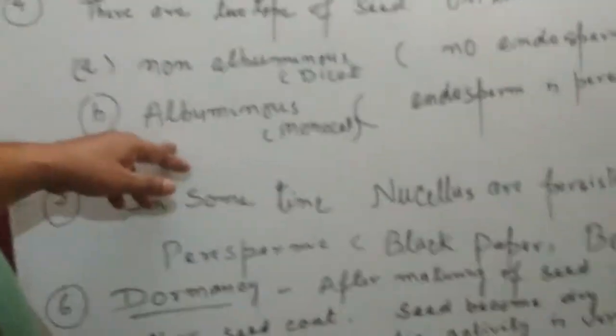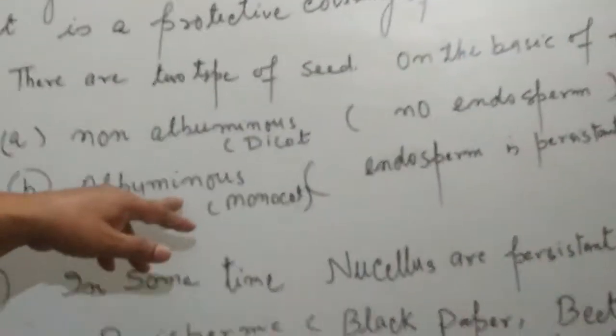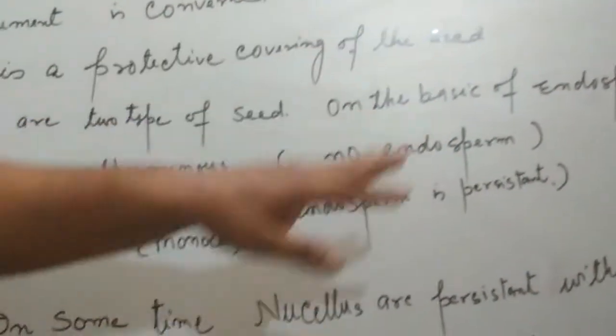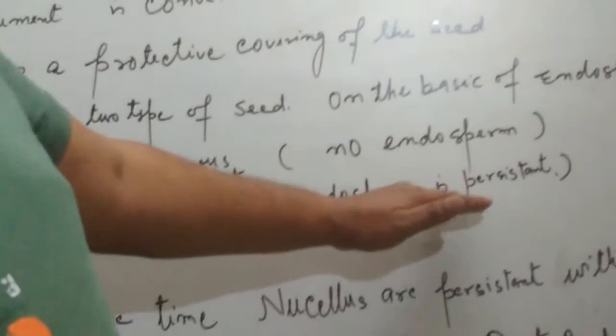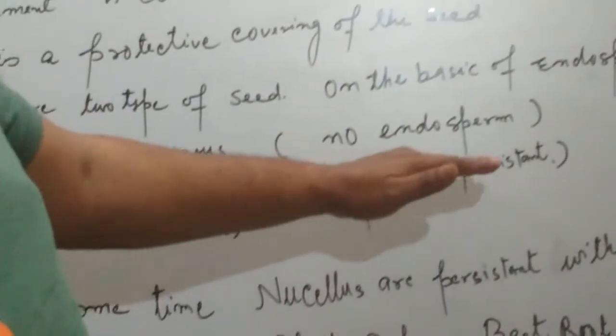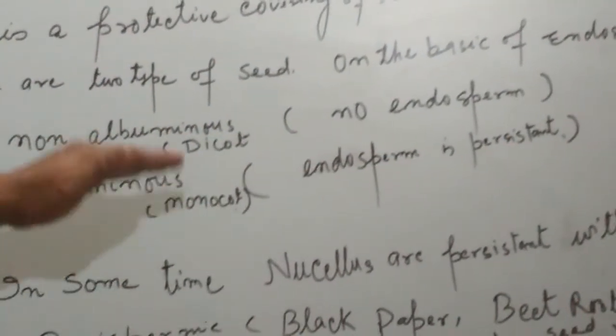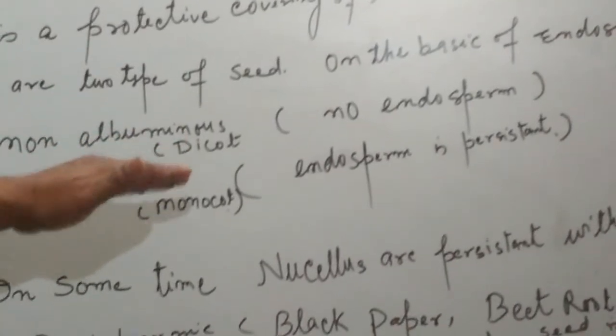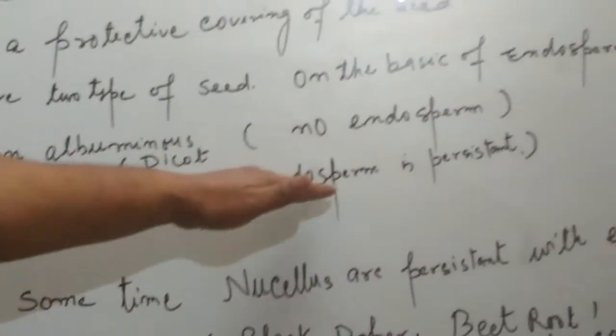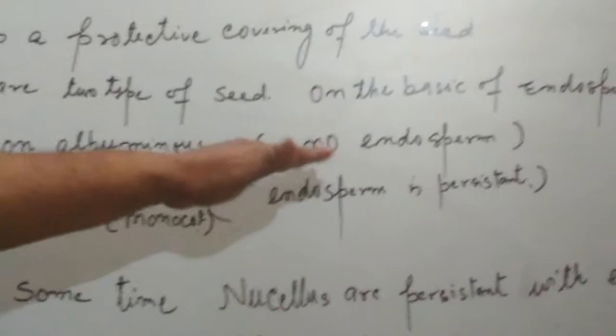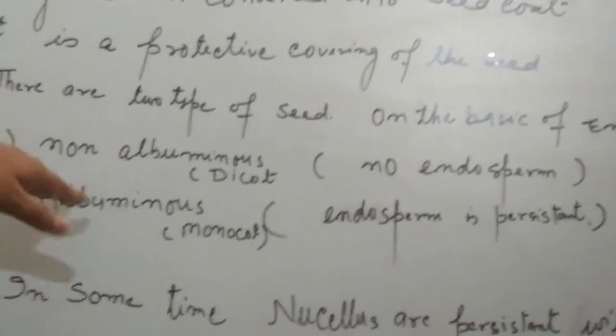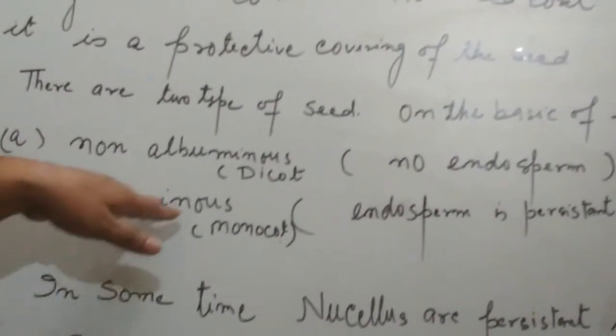But the albuminous type of seed, the endosperm is persistent. That means the endosperm is found inside it, because the cotyledon has no reserve food material, and that is why the endosperm provides the nutrition to the developing embryo, and that type of seed is called the albuminous type of seed.